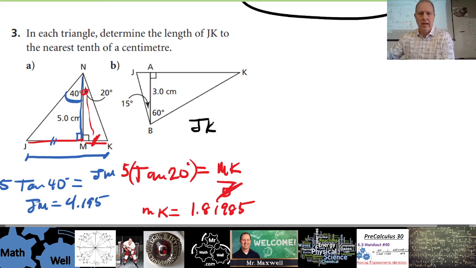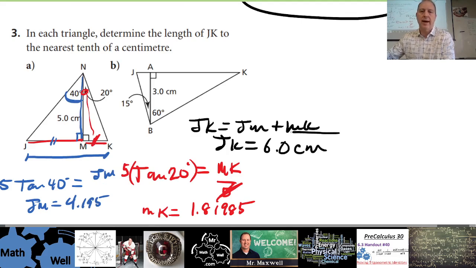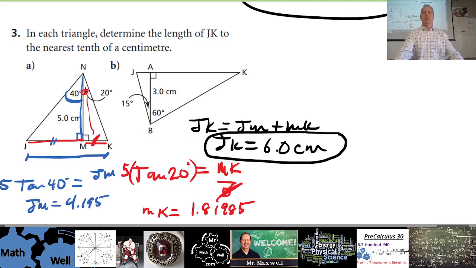So JK is JM plus MK. JK is 6.0. And thank you for the units, centimeters. And we'll circle that, our answer there, for A. Okay, how are we feeling about that? Easy? Okay, that's number 3 for you.